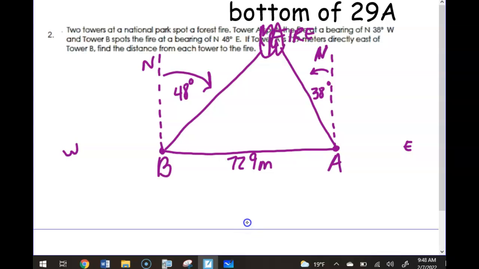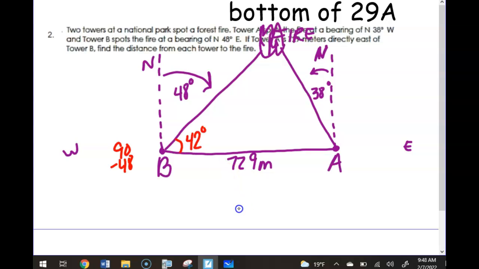Find the distance from each tower to the fire. Okay. What do we know here? One side of the triangle. That's all I have. Can I figure out this angle? That would be between a northwest and an east-south, should be a total of 90. So 90 minus 48 is 42, I think.